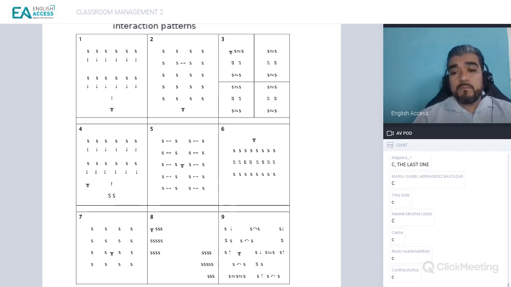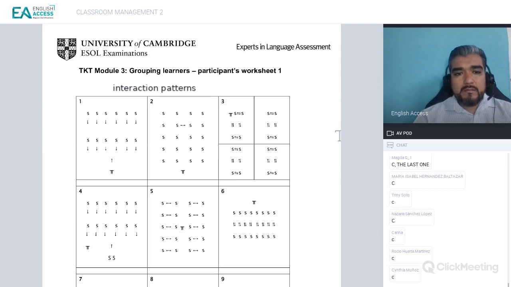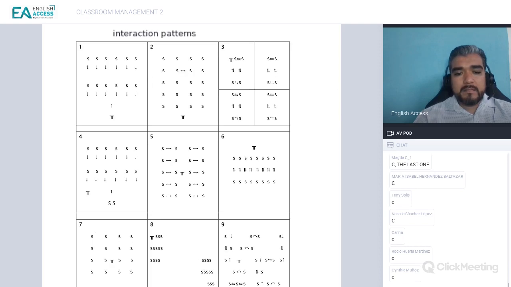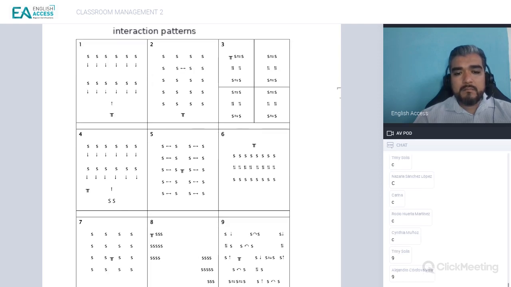Students walk around the room, meeting and talking to different people. Which one am I describing? What number? It says students walk around the room meeting and talking to different people.